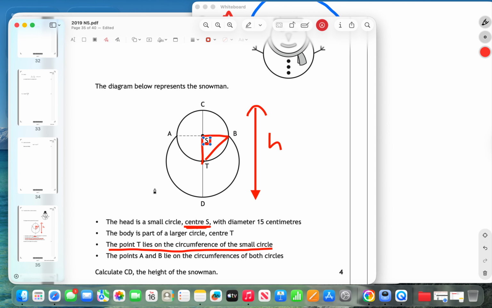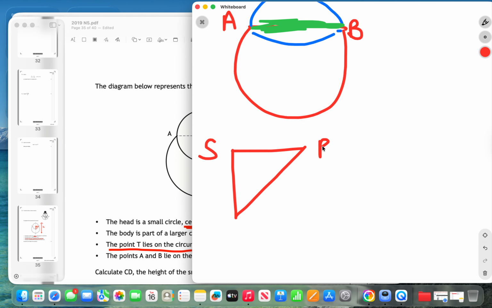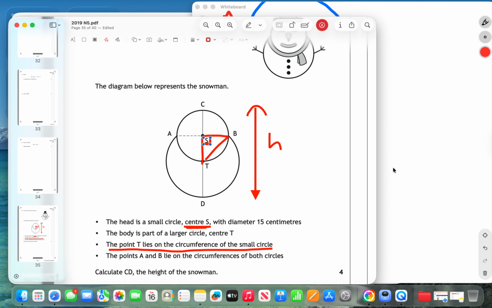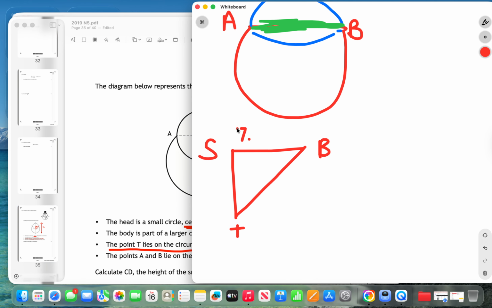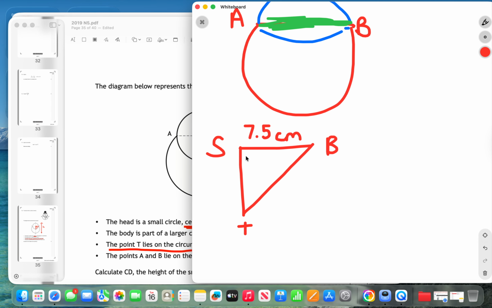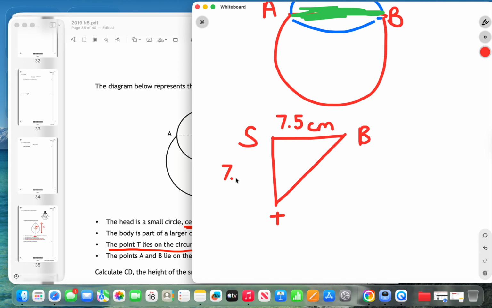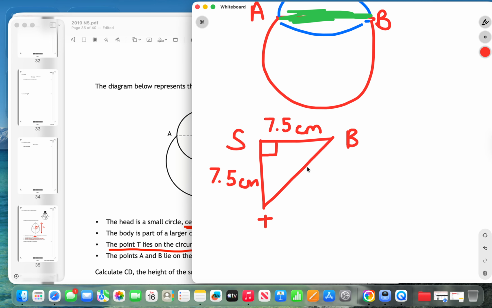So we can use Pythagoras on SBT. We get 7.5. Do not put 15 into this because that's the diameter of the small circle. Put 7.5, the radius. And ST is also 7.5.